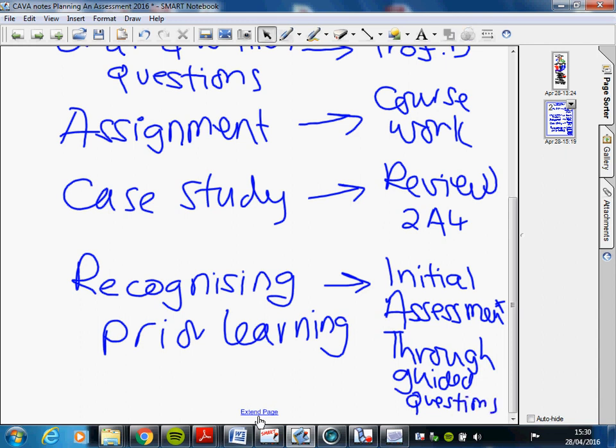Because for you to find out whether this candidate has had prior learning, we have to devise some questions and ask them. As they answer those, you can judge. So you can choose any of these methods to be able to complete Unit 3. Once you do that, you're home and dry.